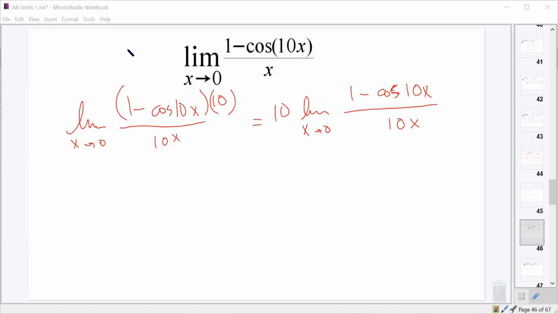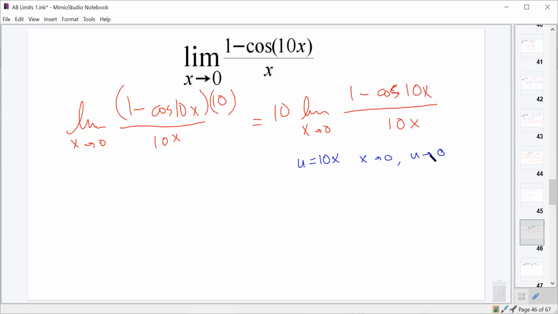All right. So we could do the U-substitution, and we'll write it out here. Let's let U equal 10x. And as x approaches 0, what does U approach? 0.